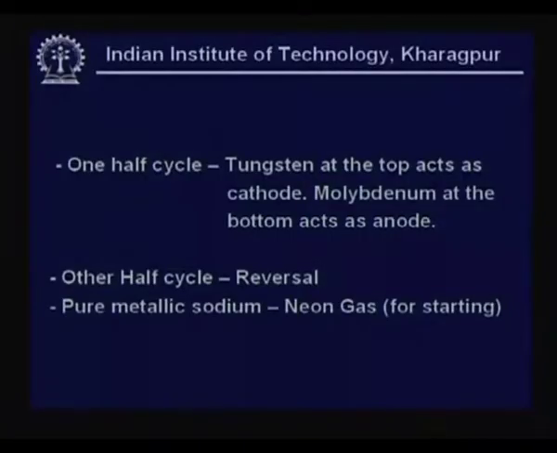If the tungsten at the top acts as cathode in one half cycle, molybdenum at the bottom acts as anode, and in the other half cycle the whole process reverses. The metallic sodium is placed and there is a starting gas. In the mercury vapor lamp we had argon as the starting gas. Here we often have neon gas.